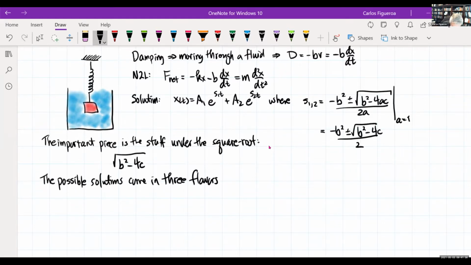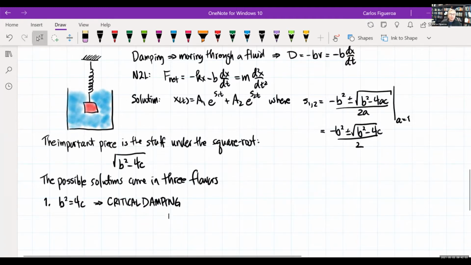Okay, so the first one that we want to look at, right? If I look at the solution, one solution would be b squared equals 4c. When you have this solution, this is what they call critical damping. So if I go back and look at critical damping, what am I going to see here?